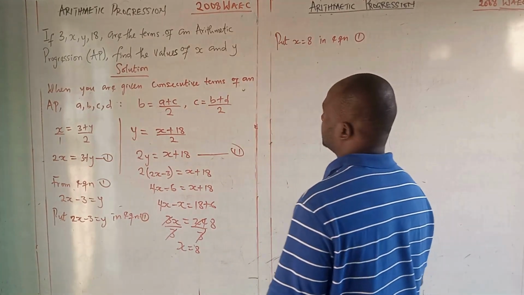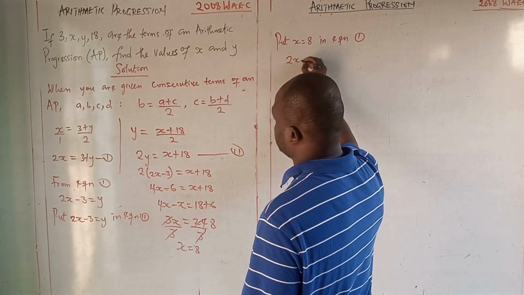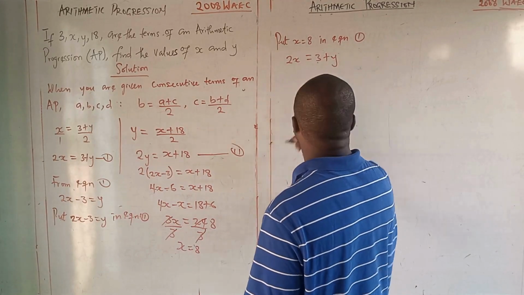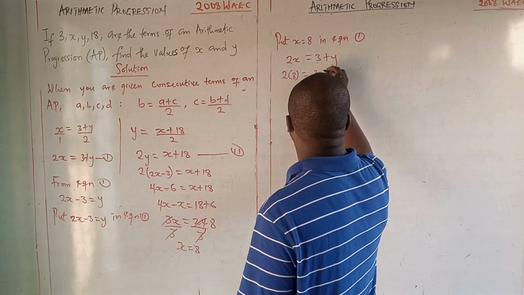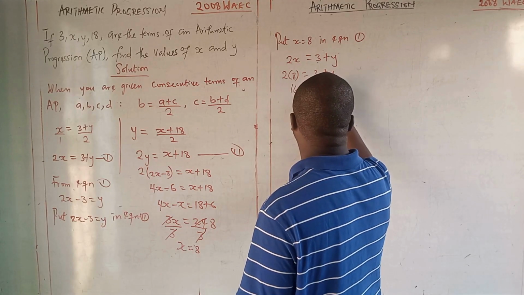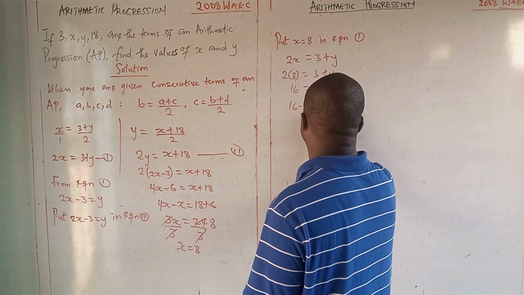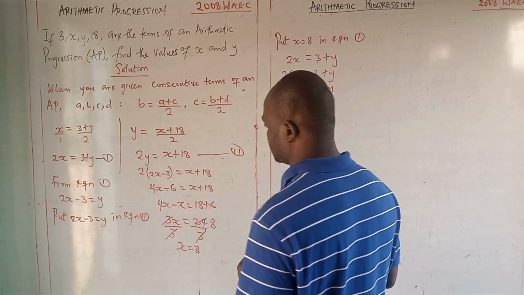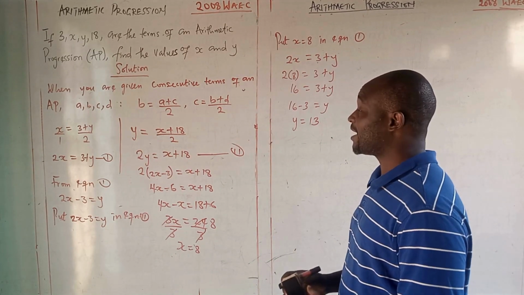Equation 1 says 2x equals 3 plus y. That means 2 into 8 equals 3 plus y. That means 16 equals 3 plus y, 16 minus 3 equals y. That means y equals 13. And that's the answer to this 2008 WAEC question.